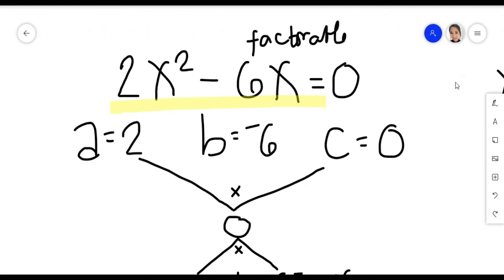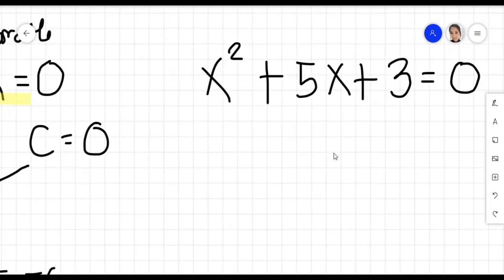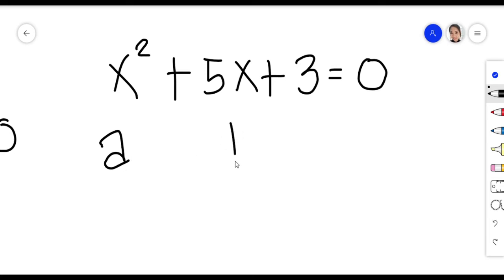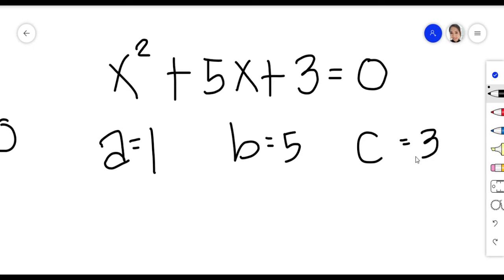Now let's proceed to the next example. x squared plus 5x plus 3 equals 0. So is this quadratic equation factorable or not? Let's find out. Let's determine first our a, b, and c. So our a is obviously 1, our b is 5, and our c is 3. So multiply a and c, so that is 1 times 3, that is positive 3.